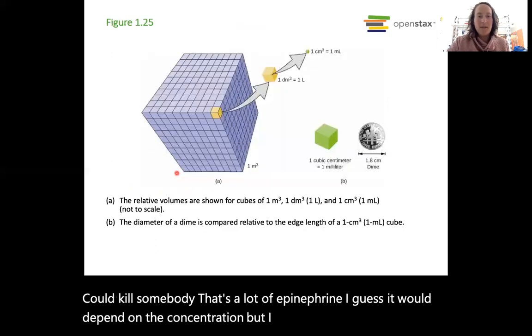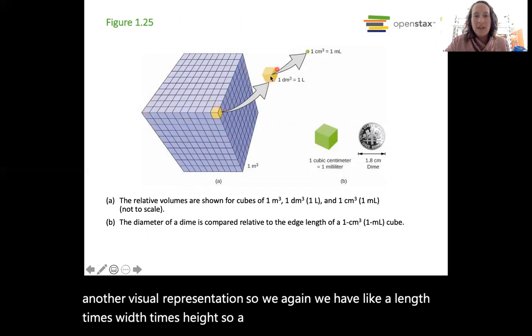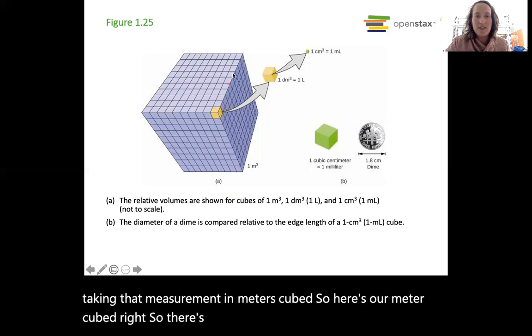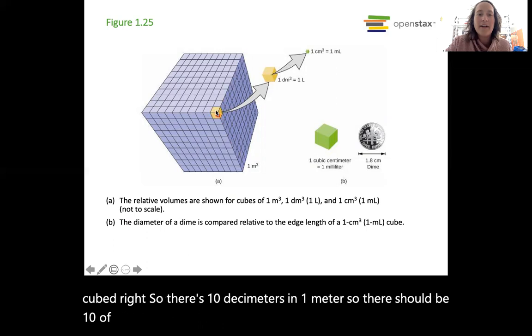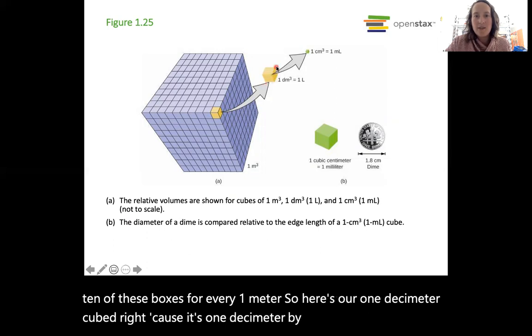Okay, so here's maybe another visual representation. We have a length times width times height, so a solid object. If we're taking that measurement in meters cubed, so here's our meter cubed, right? There are 10 decimeters in 1 meter, so there should be 10 of these boxes for every 1 meter. So here's our 1 decimeter cubed, because it's 1 decimeter by 1 decimeter by 1 decimeter, so length, width, height.